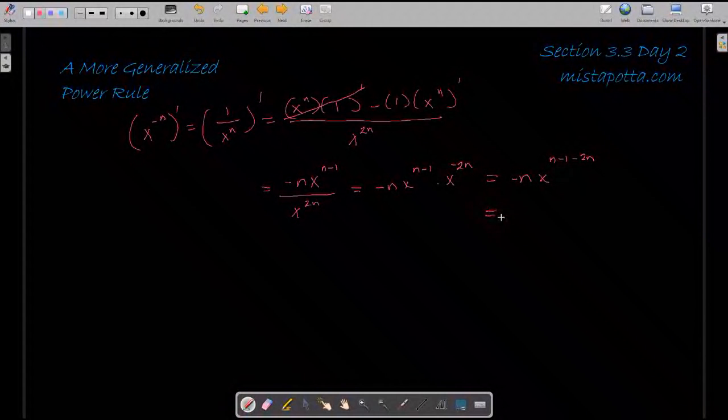But this is really negative n times x to the negative n minus 1. And so the derivative of x to the n is still n times x to the n minus 1.